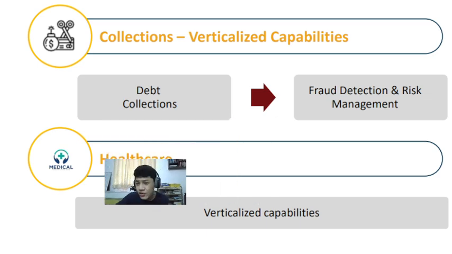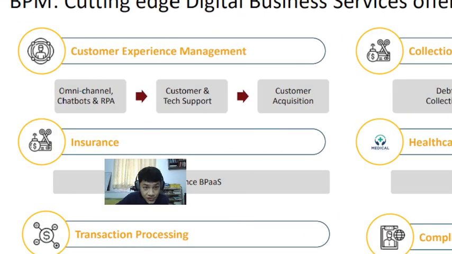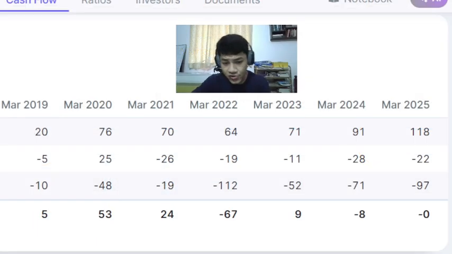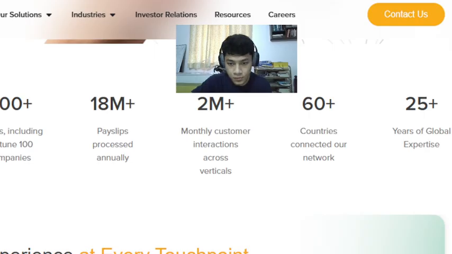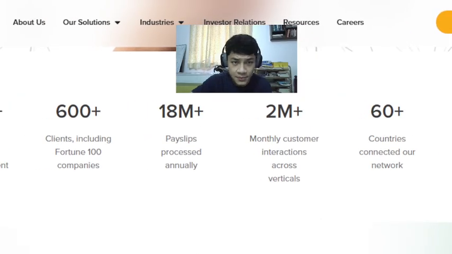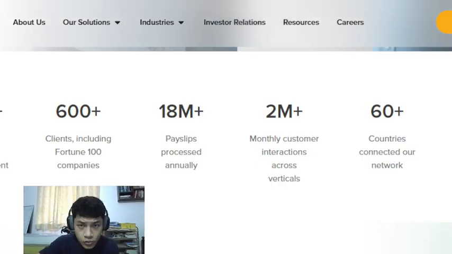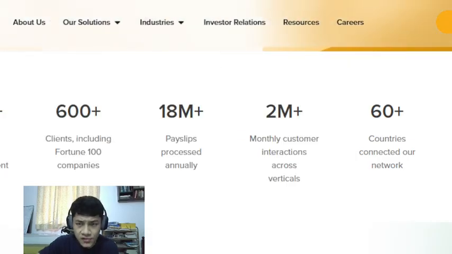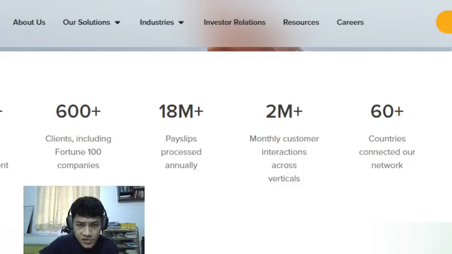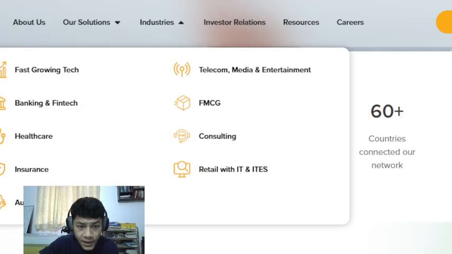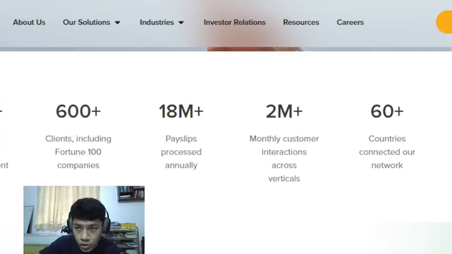So a wide variety of users, a wide variety of industries it can work in, which reminds me, I need to show this. This is the company's website. If you go to industries, I need to see if I'm visible.